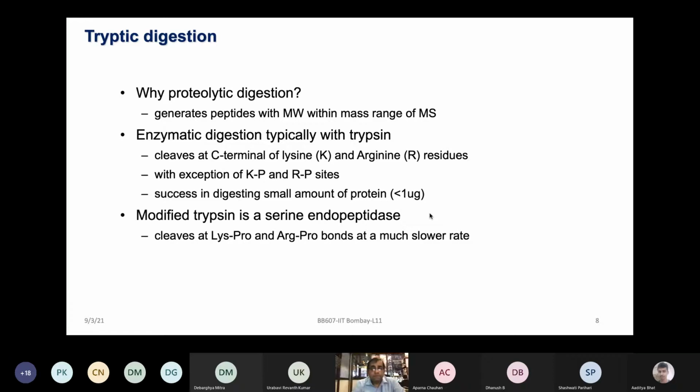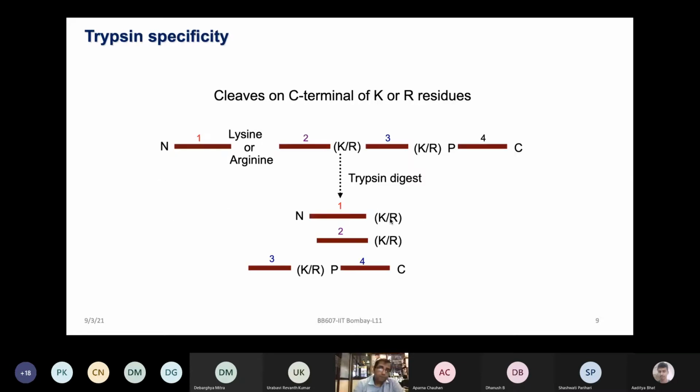Sometimes there are other alternative enzymes, like Lys-C and other endopeptidases. Some of these enzymes can also be tried out if your proteins have some anomalies, especially if they are rich in prolines. Therefore, you can try even modified trypsin, or you can use Lys-C and other enzymes as well.